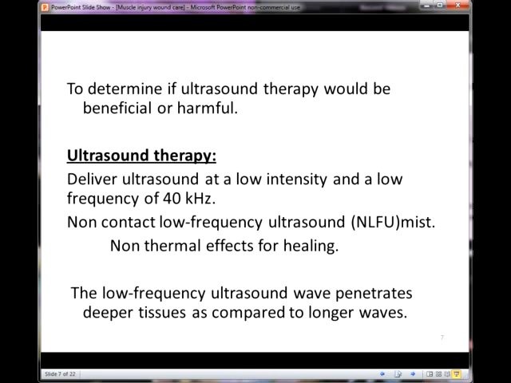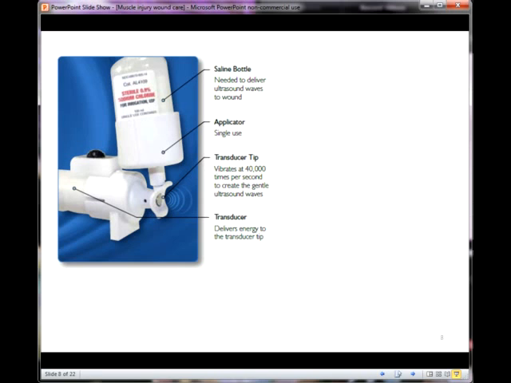It has non-thermal effects of healing, so it's not the kind of ultrasound that can increase the heat in the tissue. This low-frequency ultrasound can penetrate deep into the tissue compared to, say, higher-frequency ultrasound or shorter wavelengths. Here's the way this instrument looks.